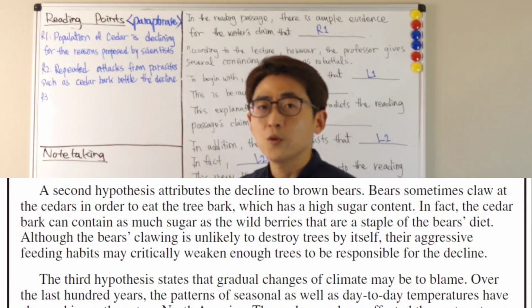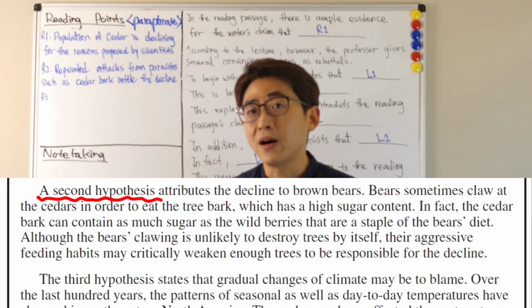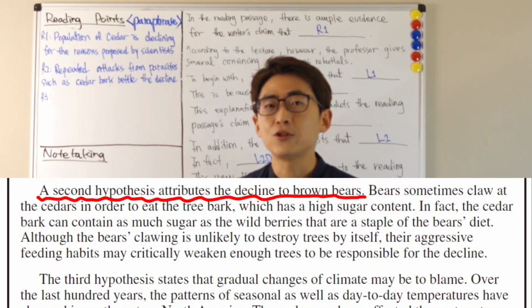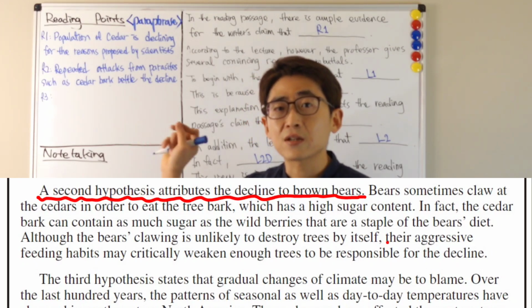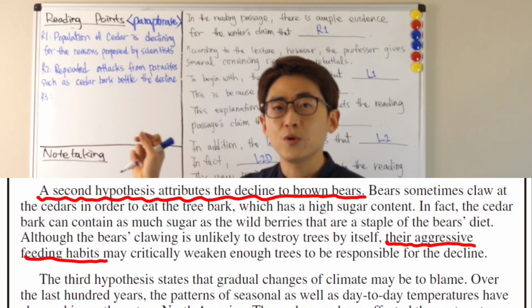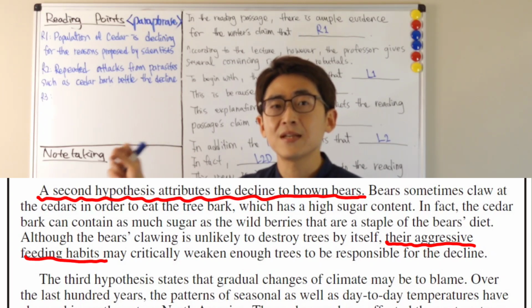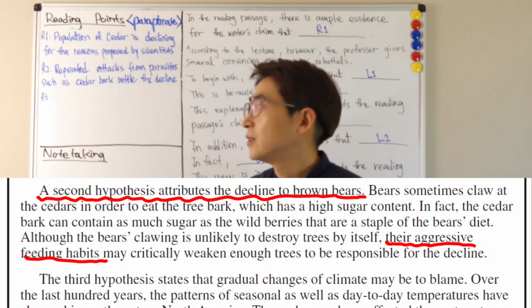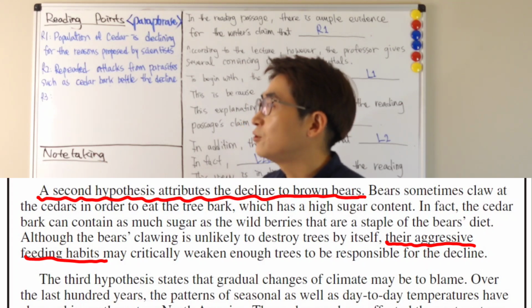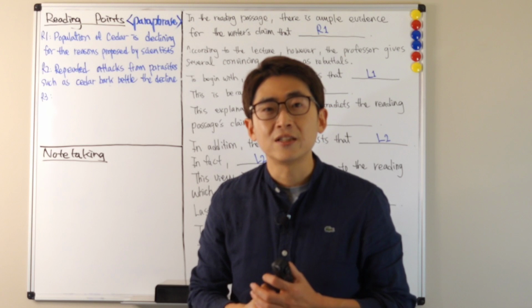And here we have a second hypothesis attributes the decline to brown bears. Now we need a little more details on how brown bears cause the decline. Here we can find it, their aggressive feeding habits. So in order to feed themselves, brown bears use their claws to damage the cedar trees.